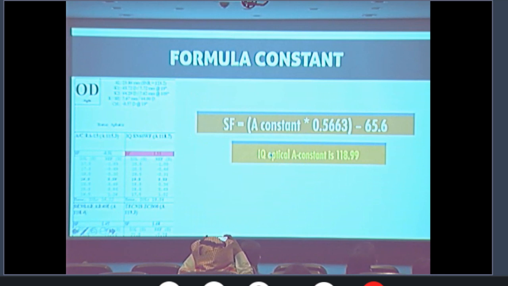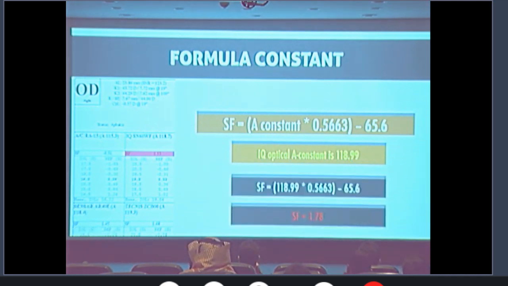So here we will use the A constant of the IQ optical. The A constant is 118.9. We want to transform it to the surgeon factor. If we use it, the surgeon factor is 1.87, but here they used 1.55. You got my point?